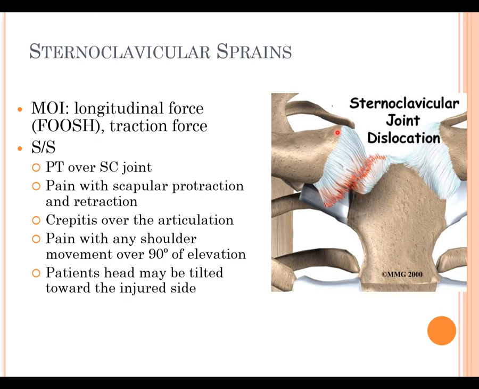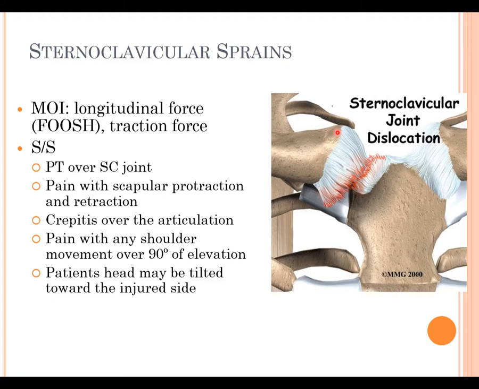Not very common because it's a strange kind of mechanism. Where you would see a traction injury the most would be in gymnasts, when they are flipping and grabbing the bars or the rings, when their full body weight is coming down and their hands are catching them overhead. That's when you tend to see the traction problem, but most of the time in traditional sports, we're going to see the longitudinal force.